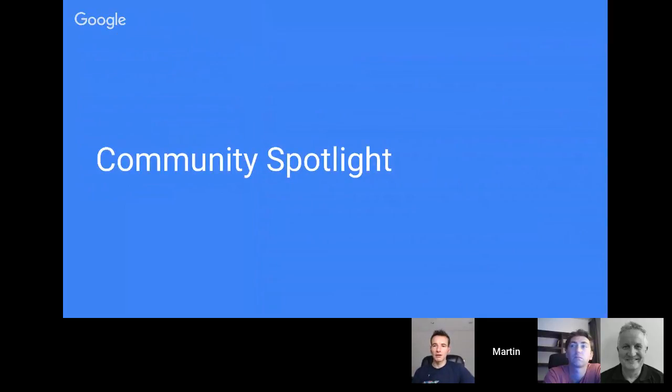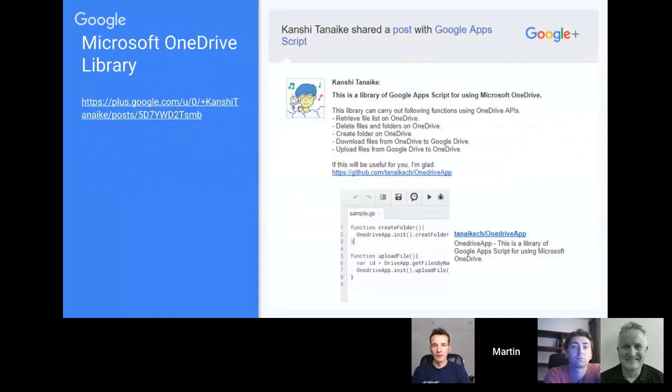So that was what's come out from the official Google channels, but there have been quite a number of interesting community things that we thought we'd spotlight. The first one, from Kanchi, is a OneDrive library. I think, Bruce, you've played around with OneDrive authentication before.